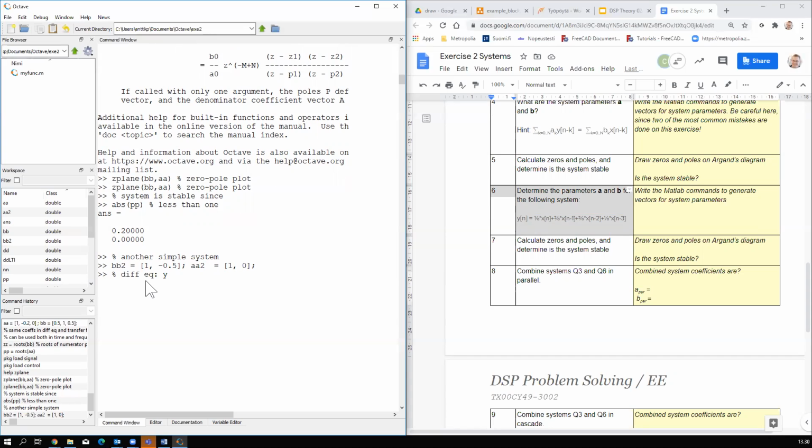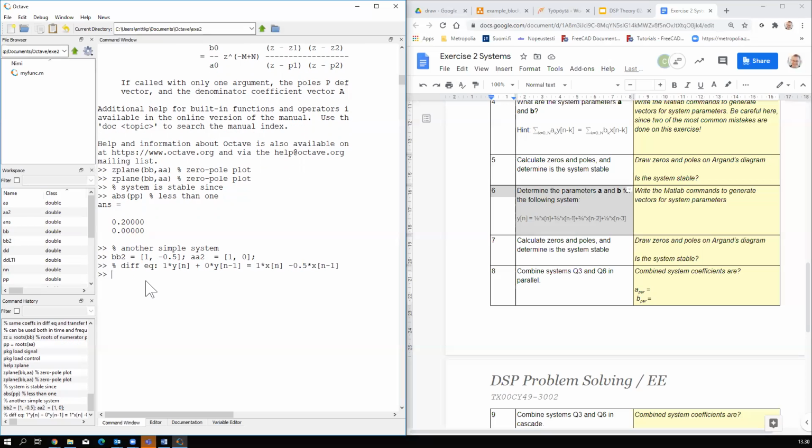Actually, what is the difference equation for this system? Okay, 1 times y of n, I will write it here. 1 times y of n plus 0 times y of n minus 1 equals 1 times x of n plus, or is it minus, 0.5 times x of n minus 1.